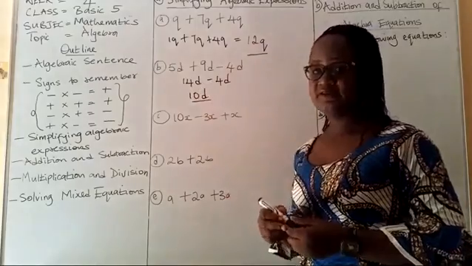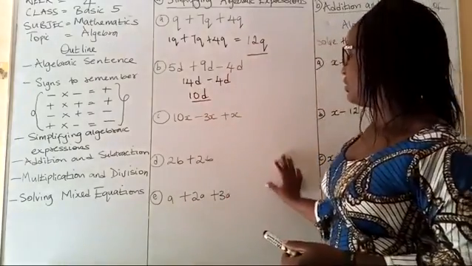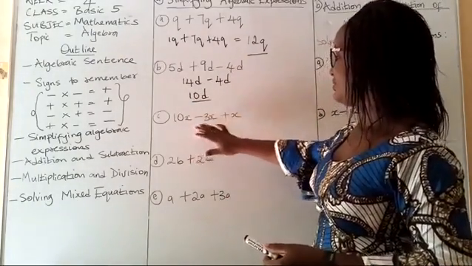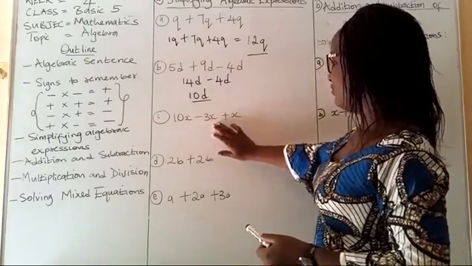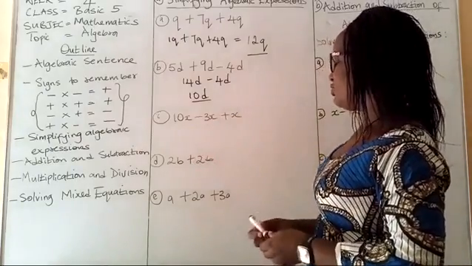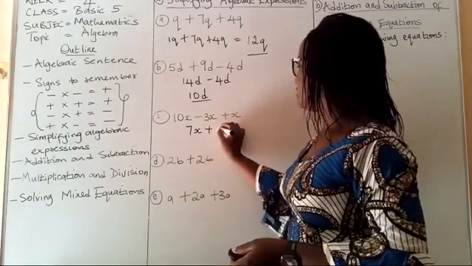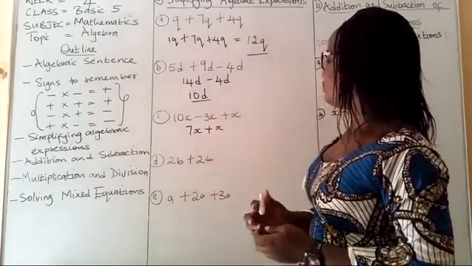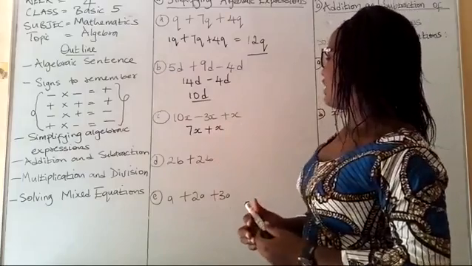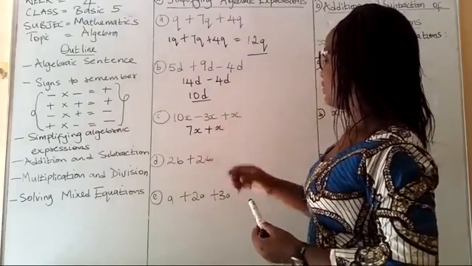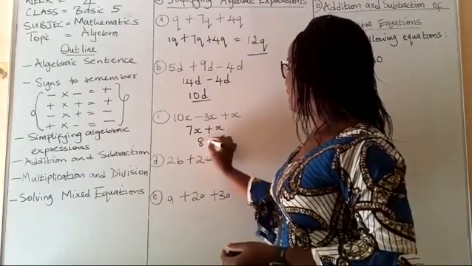Is that clear enough? Let's go to the next one. We have 10s minus 3s. What do you have? 7s. 10 minus 3 will give you 7, so you put that down. Then we have 7s plus s, which will give us 8s.